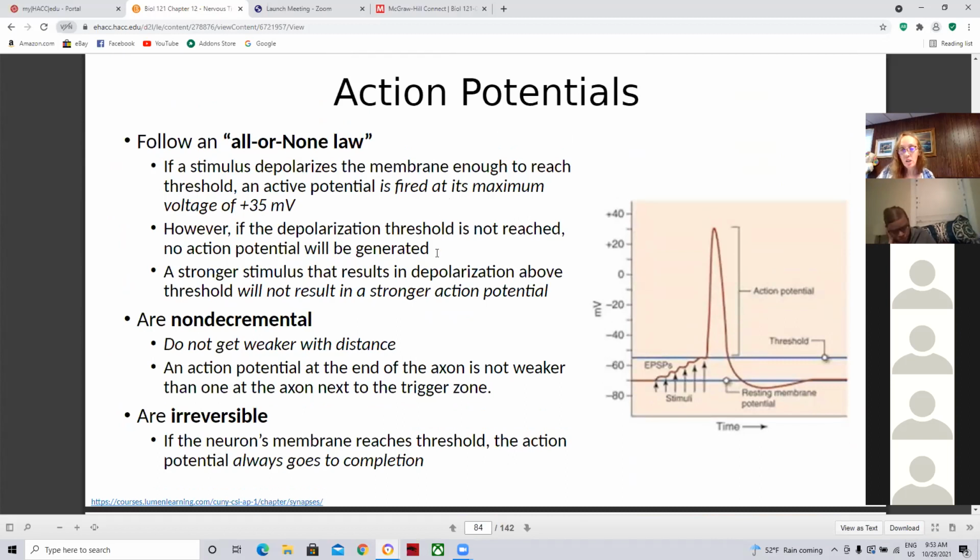So action potentials, all or none law. Either they occur and threshold is reached, the action potential is fired, and it has a maximum of positive 35 millivolts. However, if the threshold is not reached, no action potential will ever be generated.